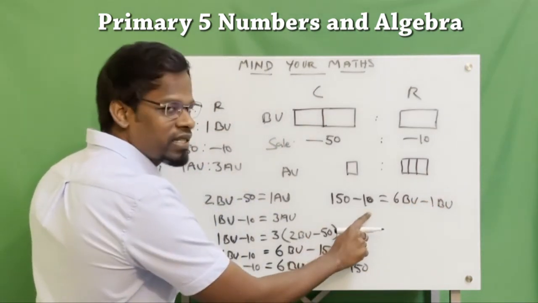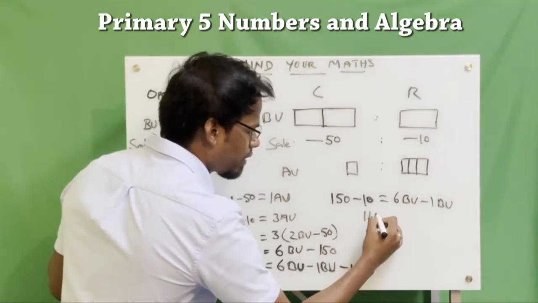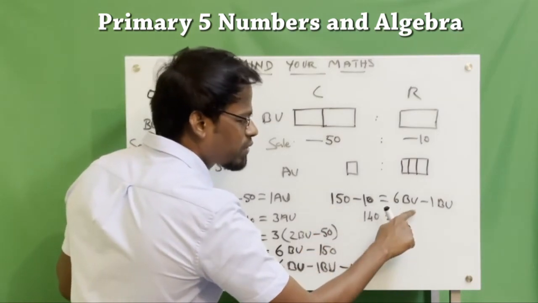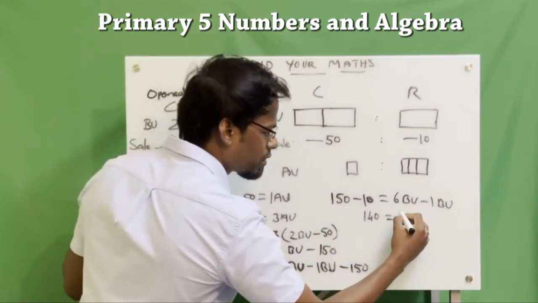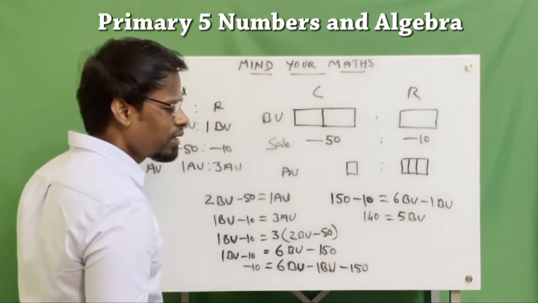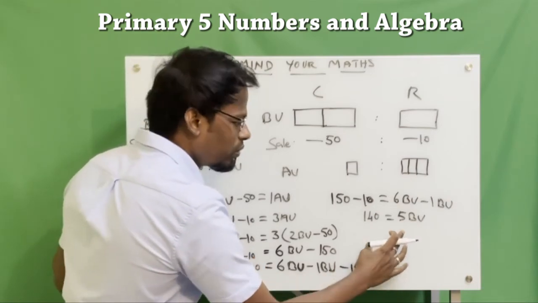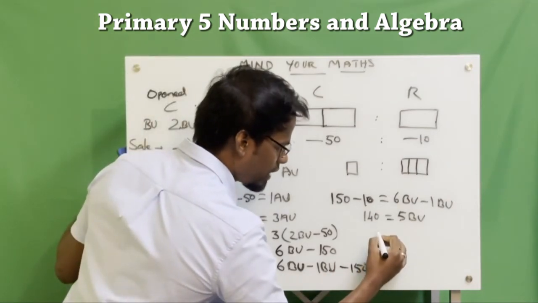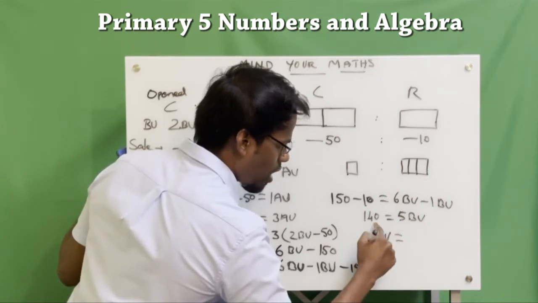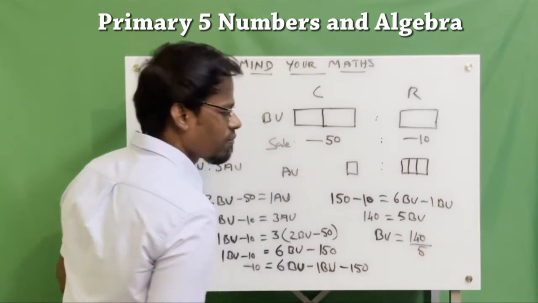So 150 minus 10 is what? Yes, 140, because we just subtract, equals 6BU minus 1BU, which is 5BU, right? From here, to find the value of BU, BU equals 140 divided by 5.